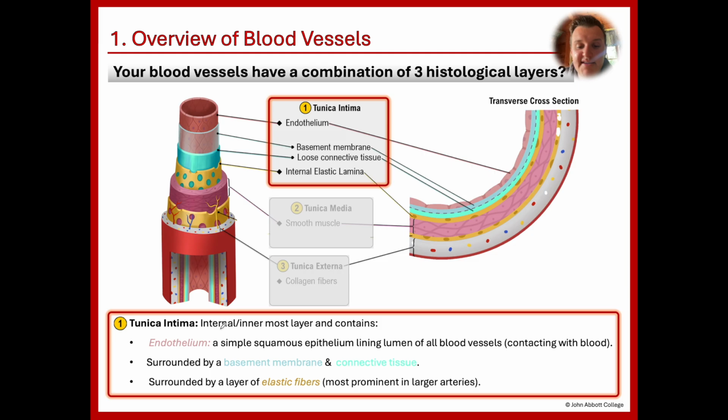So the tunica intima, the inner layer, contains, number one, an endothelium. Do you see these cells over here, right? These are simple squamous epithelium that are lining the lumen of all the blood vessels, okay? So they're contacting the blood. So the blood is actually going to be flowing in here, right?